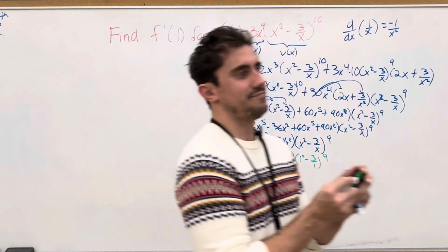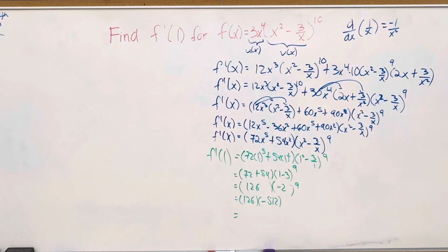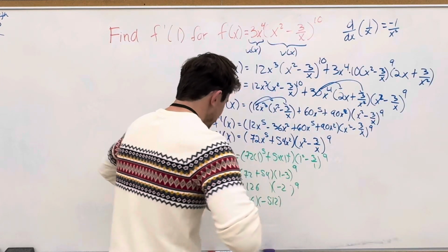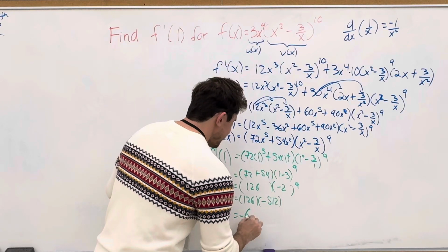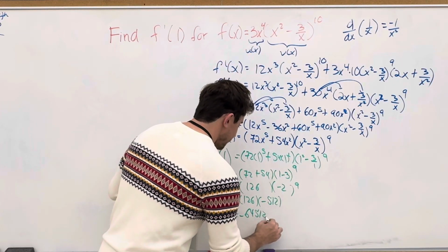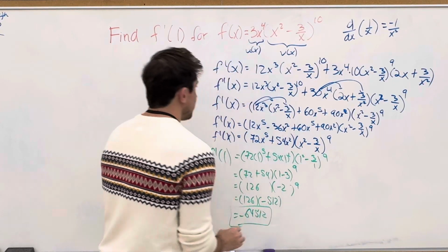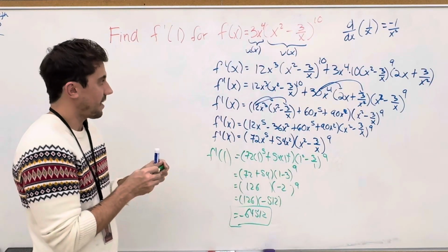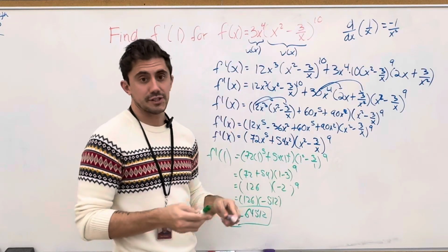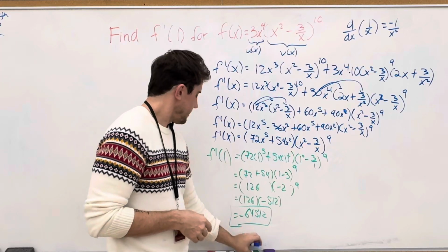Feel free to do the same. 126 times 512 is, we have a slope of negative 64,512, which is pretty outrageous, but given the fact that I made this f of x function up arbitrarily, that's what we get.